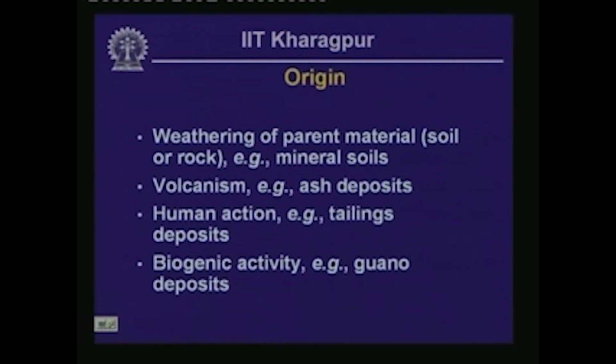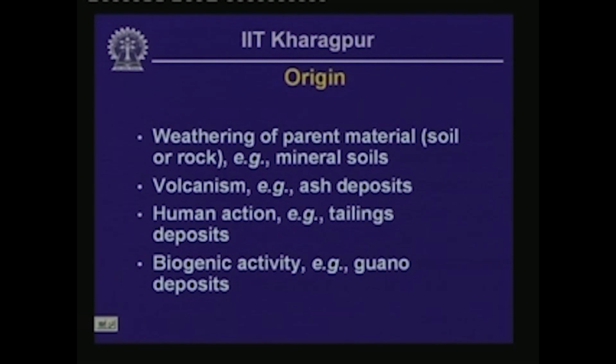For instance, there could be excreta from birds or bats, or there could be deposits really because of biogenic activity, and an example of this is phosphate deposits that are found at different places, like some islands off the coast of Peru and other places.